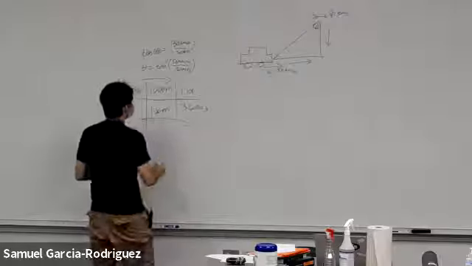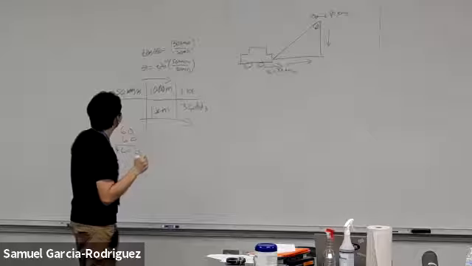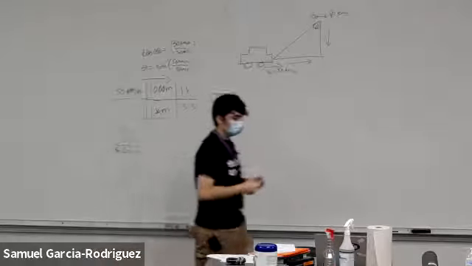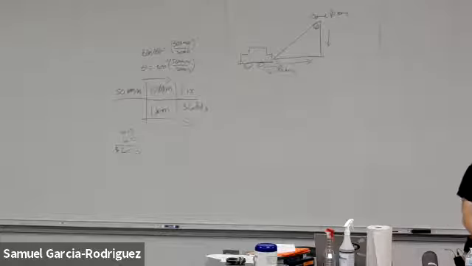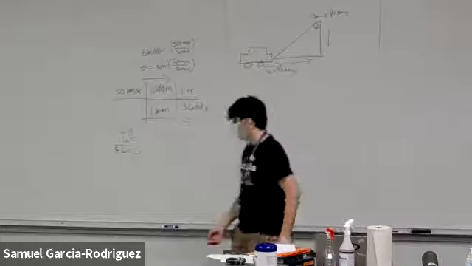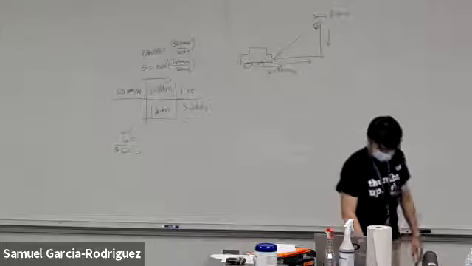It's going to be something. 50 times 10 is like 500. 500 divided by 30. Where's my calculator? It's in my bag.